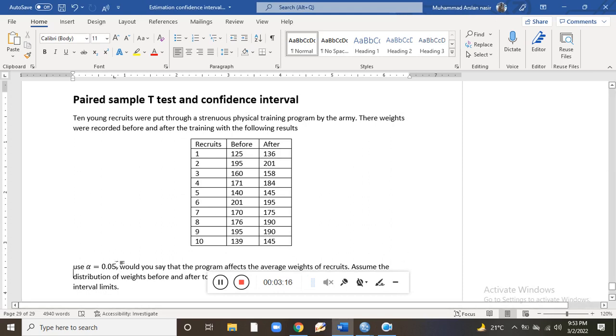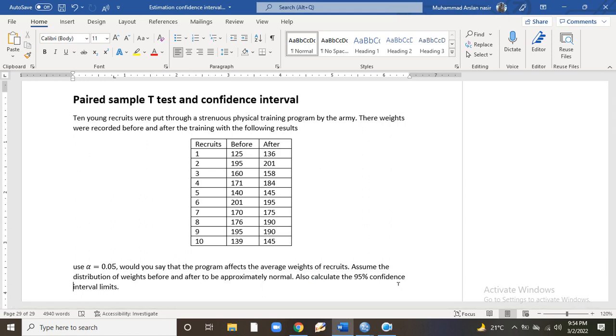We are asked to use a level of significance of 5%. Would you say that the program affects the average weight of the recruits, and assume that the distribution of weights is approximately normal? Okay, so this is the example.